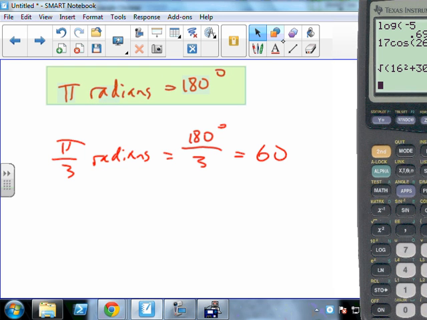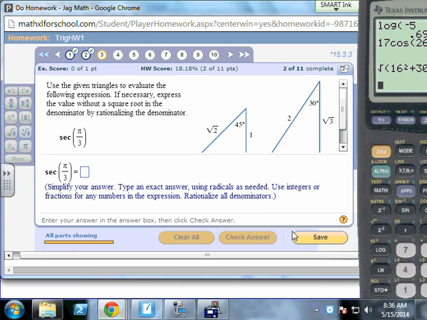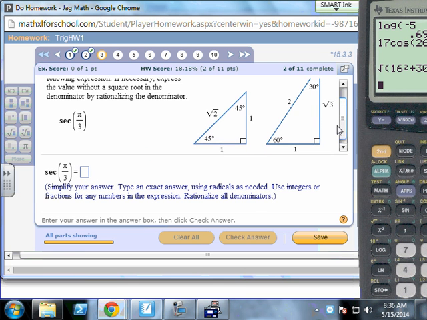Pi radians is 180 degrees. So what they're really talking about in this problem is a 60-degree angle. The secant is the reciprocal of the cosine, and the cosine is the adjacent.